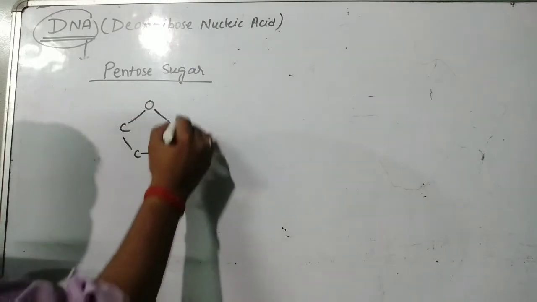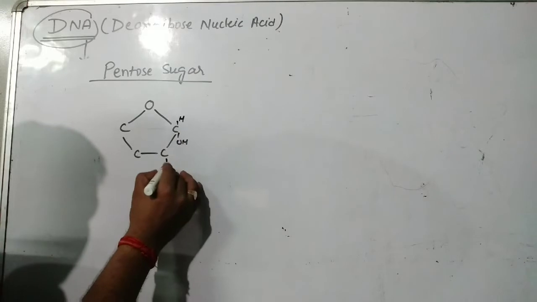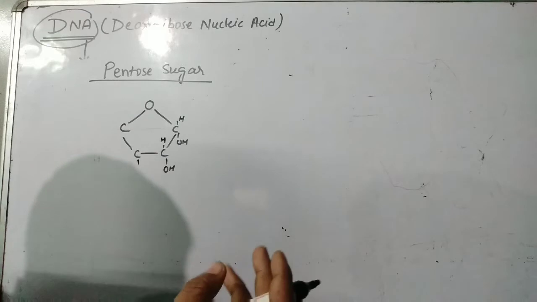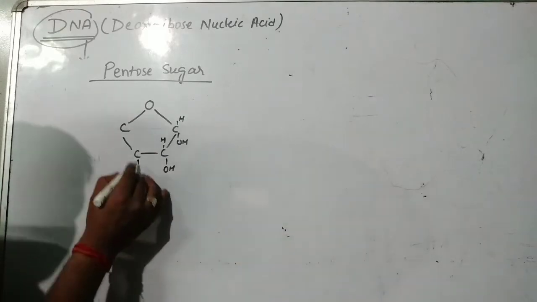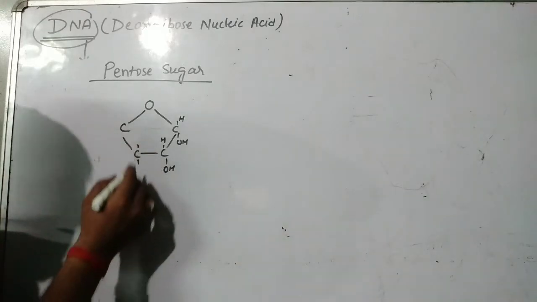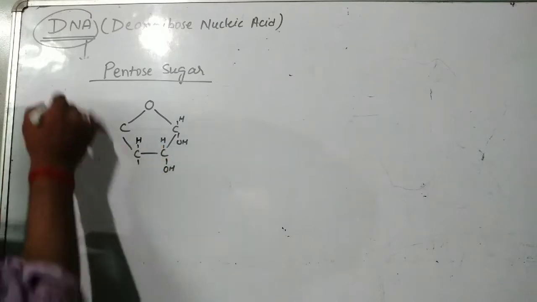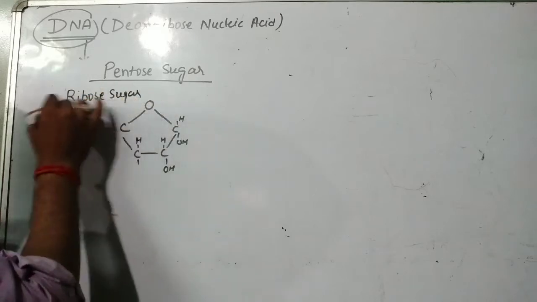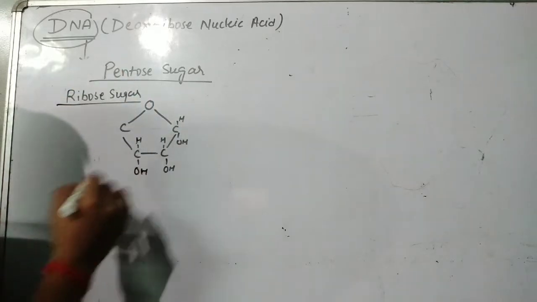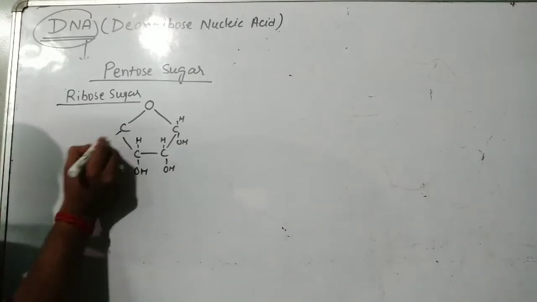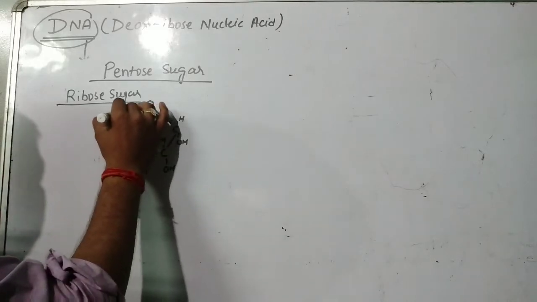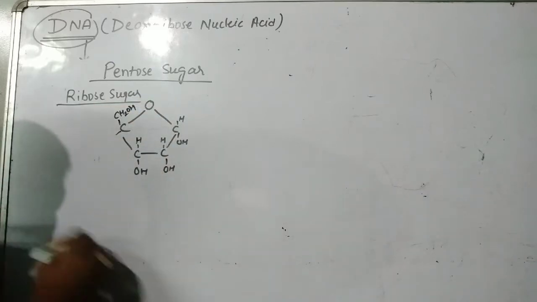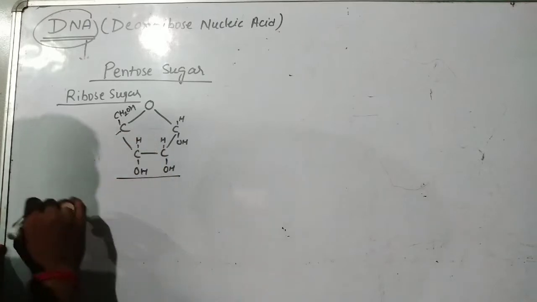This is your first carbon, HOH. Here, if you study glucose or other types of sugars, you will find that OH was upside, but here in the case of ribose sugar, we are studying the structure of ribose sugar, OH is here. Here again, the 5th carbon atom will be outside, not in the cycle. That is the structure of the ribose sugar.